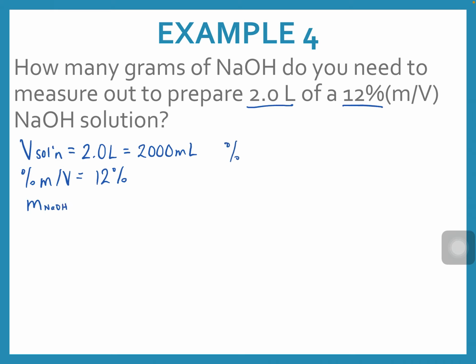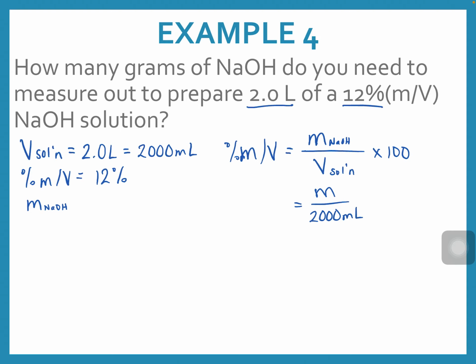So my percent mass to volume is equal to my mass of sodium hydroxide, or solute in this situation, over volume of my solution times 100. So I'm not sure of the mass of sodium hydroxide, that's what I'm going to calculate. 2,000 milliliters is the volume of the solution, and 12% is my concentration.